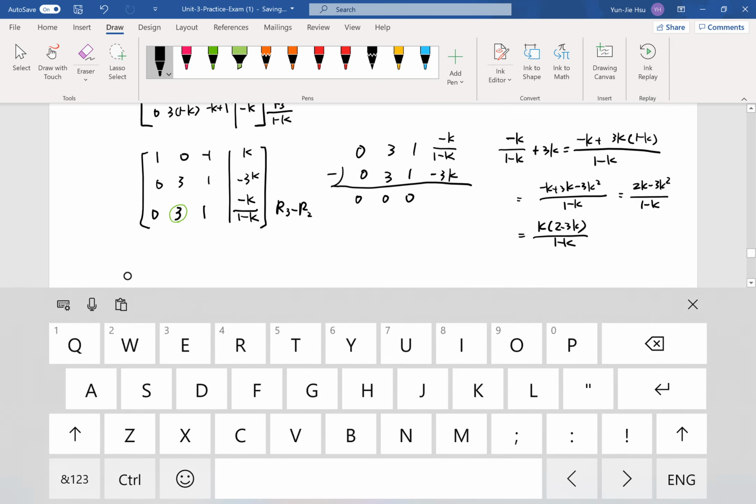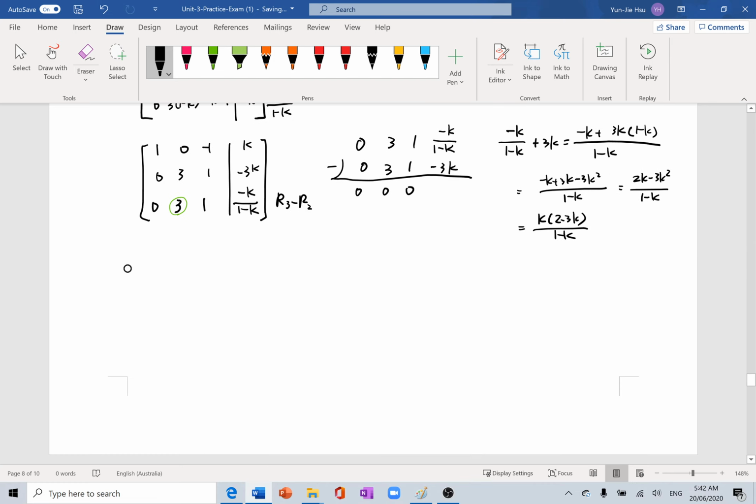I think we nearly get the answer, right? 1, 0, negative 1, k; 0, 3, 1, negative 3k; 0, 0, 0, k(2 minus 3k) over 1 minus k.